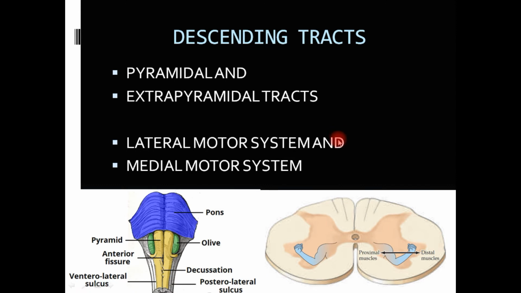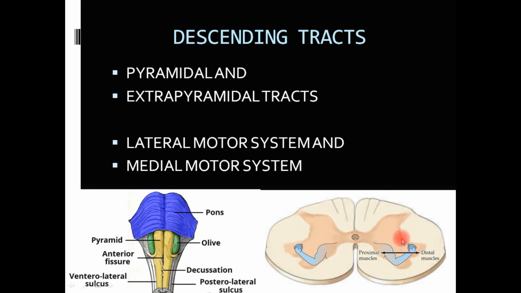In the lateral motor system, the corticospinal tract and the rubrospinal tract supply the distal muscles by supplying the cell bodies of these neurons which are present laterally in the spinal cord. That is why they are called the lateral motor system, because they are supplying the lateral part of the anterior horn.